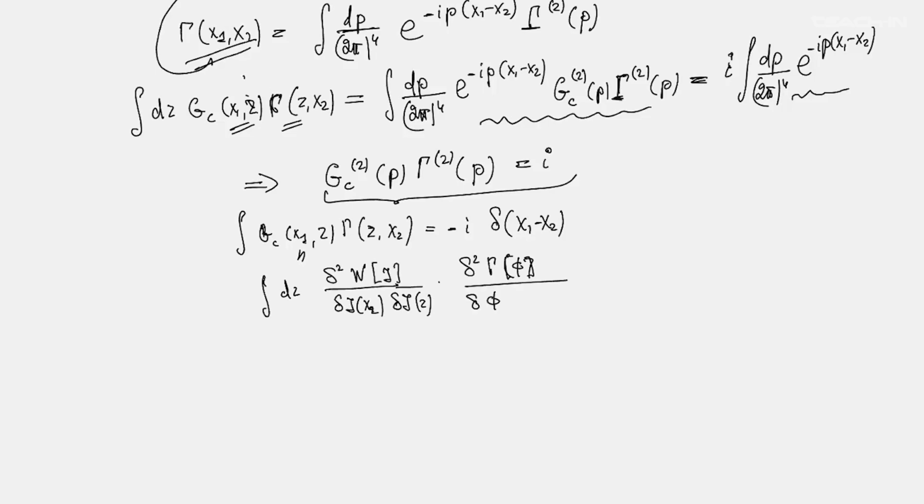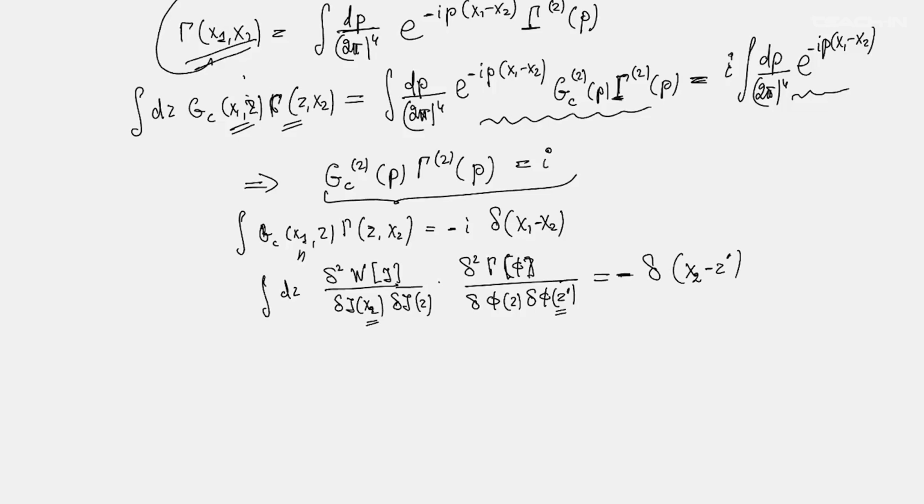External variables for me are convenient now to take x2 and z prime. And on the right-hand side, I will get minus delta function, x2 minus z prime, and I disappeared because the definition of Gc contains I. So this I disappeared, and then I get this minus delta function.